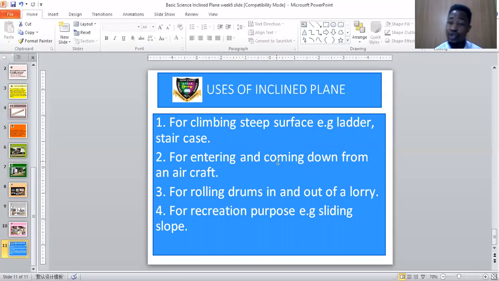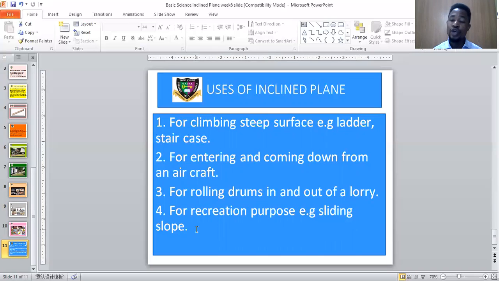That thing is brought close to the aircraft, so as people descend from the aircraft, you use the inclined plane down to the floor. Number three, for rolling drums in and out of a lorry. And number four, for recreation purposes, sliding slope.